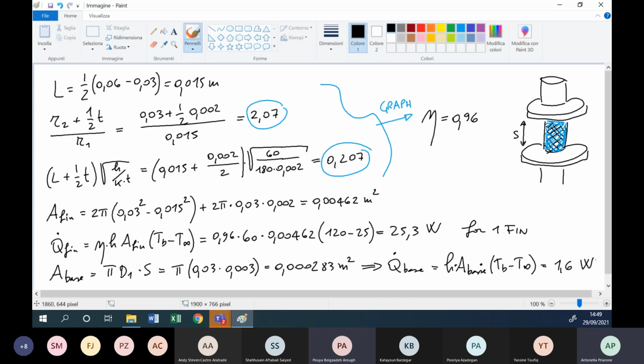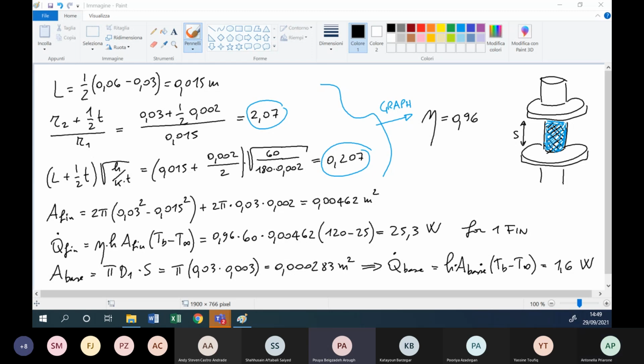Yes, we used the graph and found the efficiency.